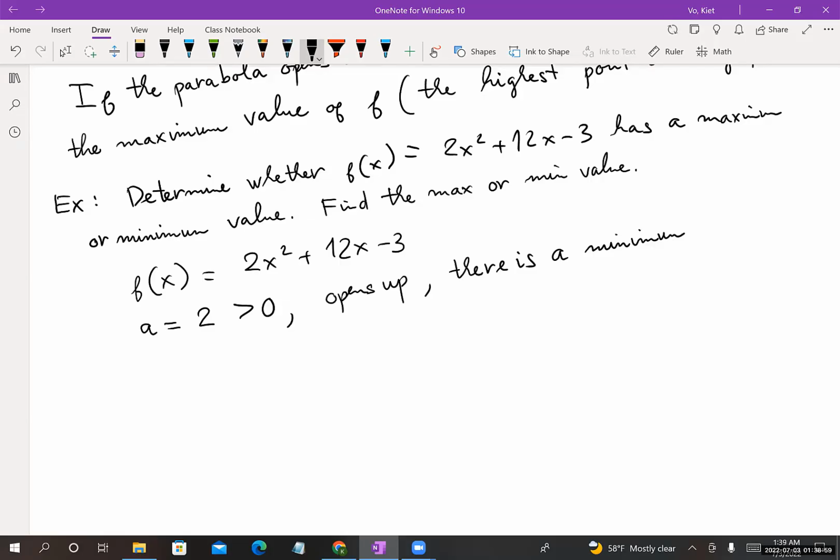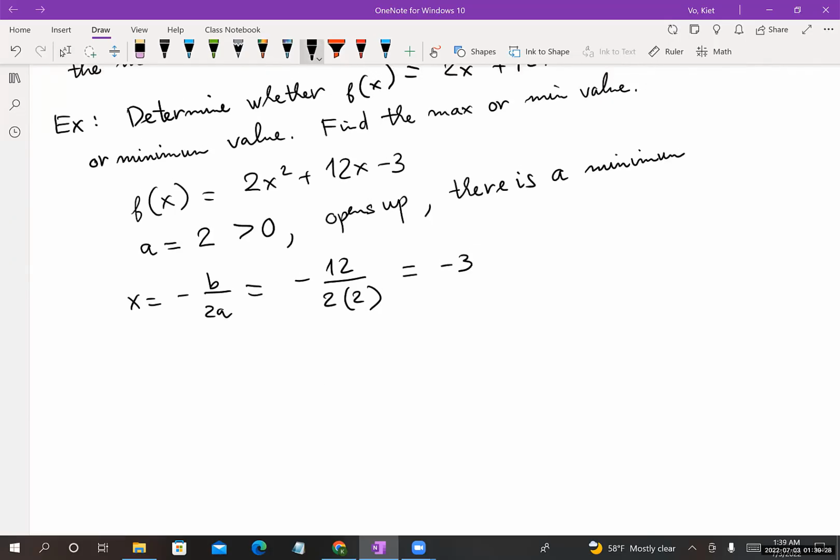So first, I want to figure out what x equal to negative b over 2a is, which is the x coordinate of the vertex. Okay. So this is going to be negative 12 over 2 times a, so 2 times 2. So this gives me negative 3.